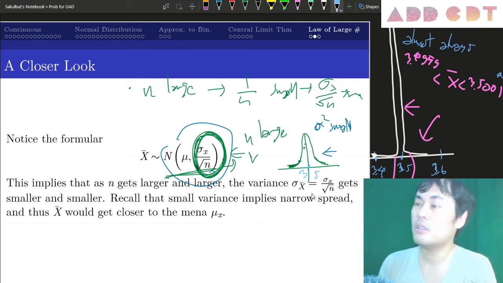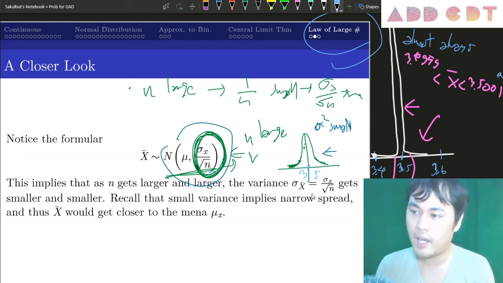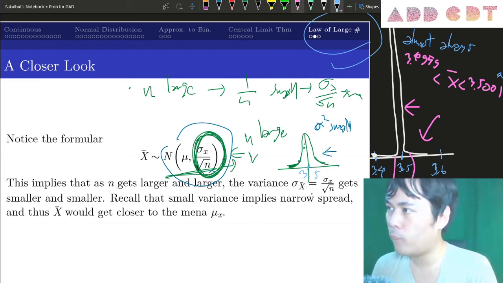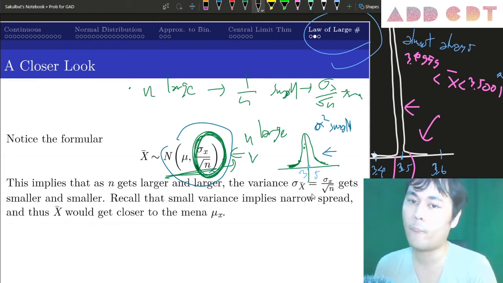Okay, so this is what the law of large numbers means. If we get a larger and larger sample size, then we can almost guarantee that the mean is going to be that actual mean.